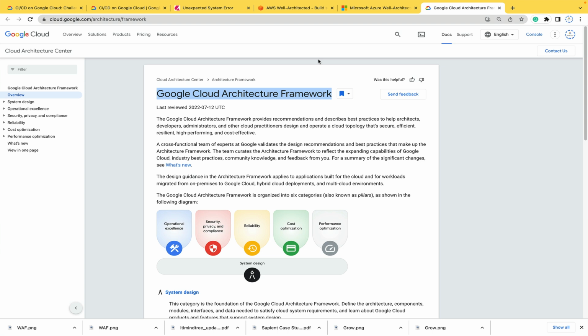So whenever you are going to design any cloud native solution, or any multi cloud or hybrid cloud solution, at that point of time you have to check the pillars of the Google Cloud Architecture Framework, the well-architected framework.